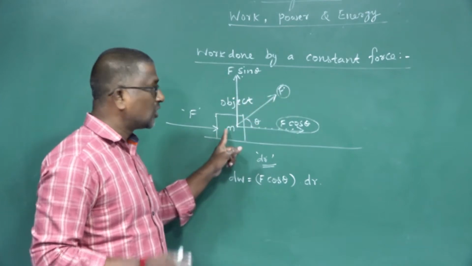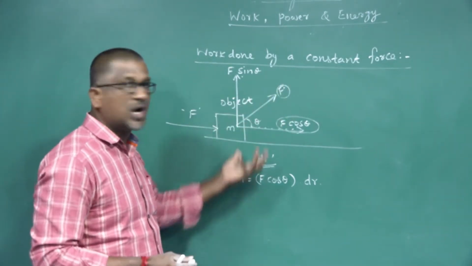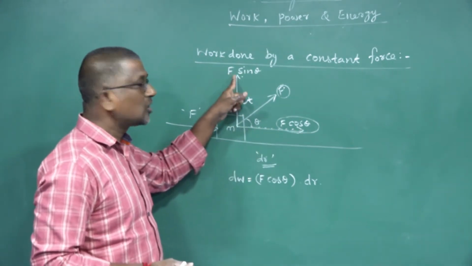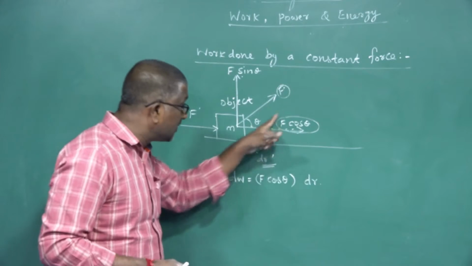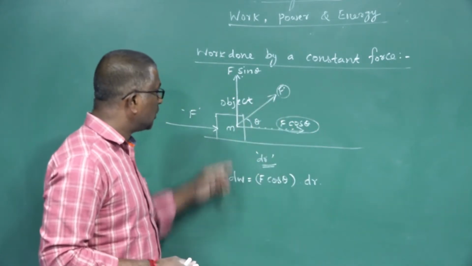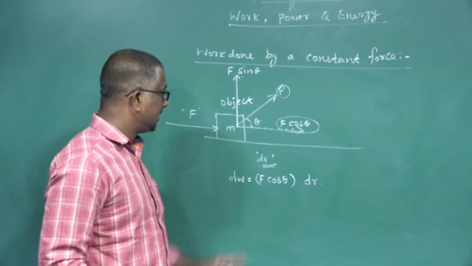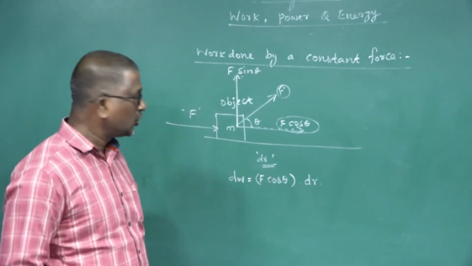Actually, this force as a whole does not do any work. One component of this force does work, that component is F cos theta. The perpendicular component does not do any work. That is why the small work done by this component of force to move the object through a small distance dr is given by dW is equal to F cos theta into dr.